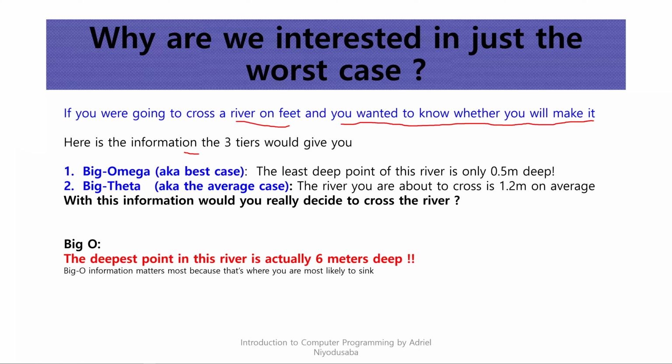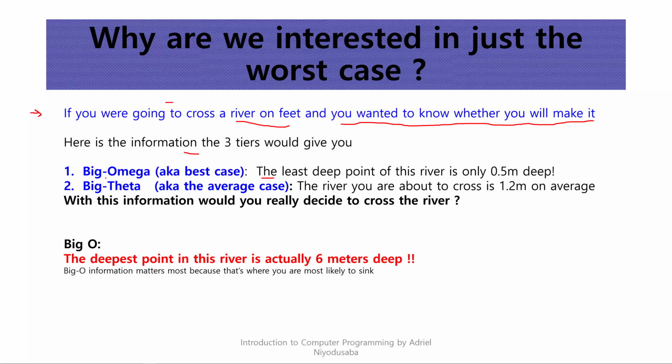This is the information you could have. Information number one would be given by big omega, and as we saw, our good friend big omega tells us about the best case scenario. Because your only concern is at what point you are likely to sink in this river, big omega will tell you the least deep point in this river is only 0.5 meter deep, and that would sound cool because many people are taller than 0.5 meter.